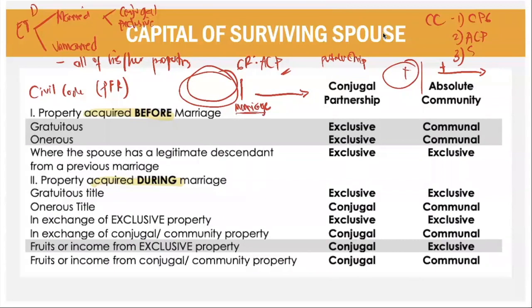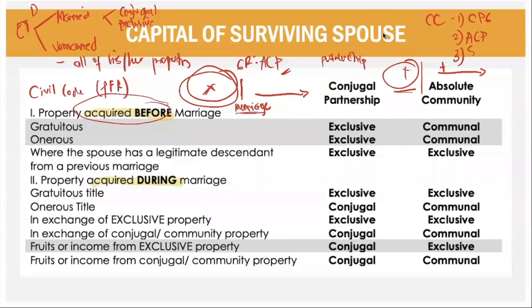We said under conjugal partnership, only those properties at the date of marriage and thereafter should be included. Therefore, before marriage is excluded, while in your absolute community, before marriage is included. Therefore, if you have acquired properties before marriage, whether that is gratuitous or onerous, under conjugal partnership, we said that will not be included.